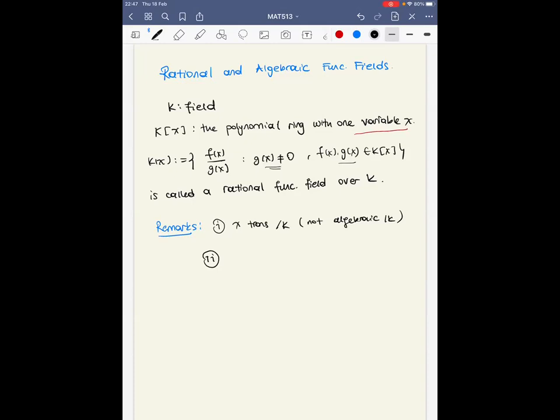Another important fact about the structure of a rational function field: every element can be represented as a fraction of relatively prime polynomials f of x and g of x.